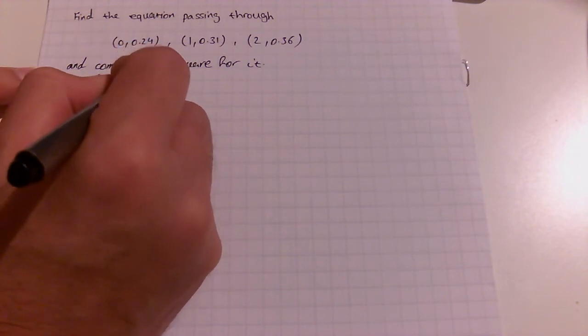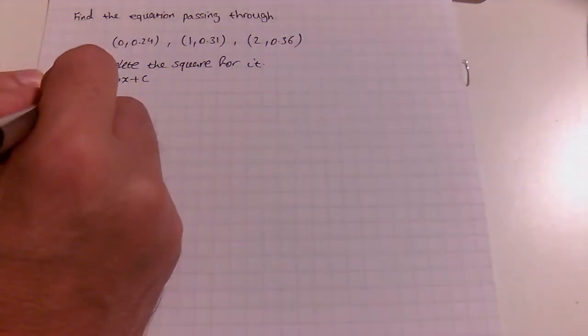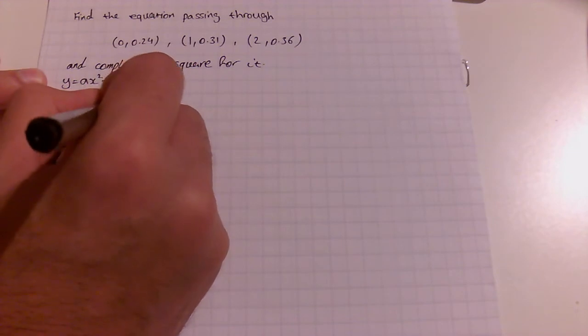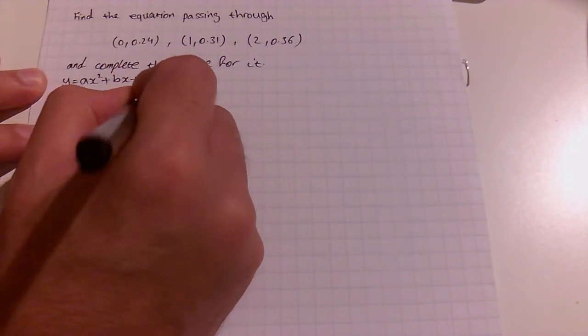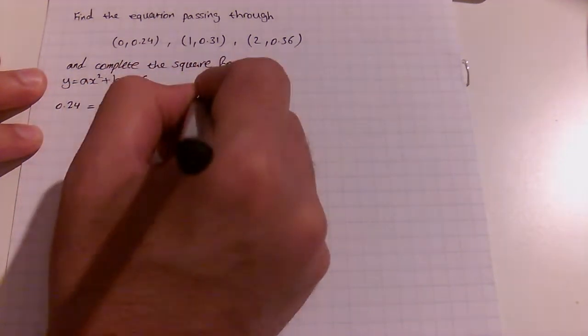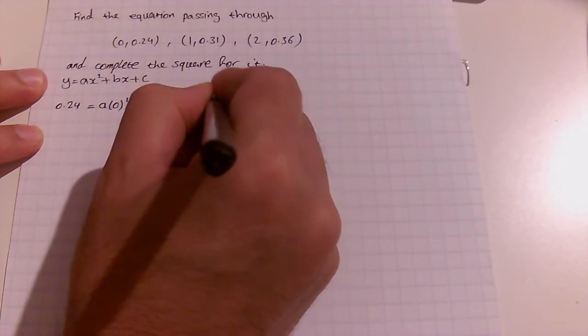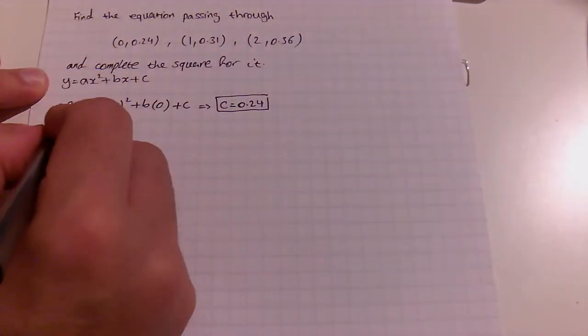So one of the roots is minus 5, which means that one of the factors is x plus 5. Another root is 2/3, which means 3x minus 2 is another factor. And a half, which means 2x minus 1 is another factor. So therefore, we've got all the factors correct.